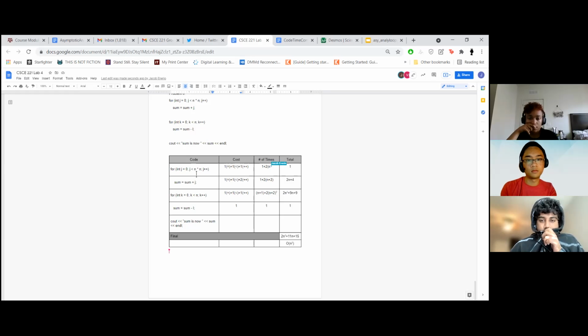Where are you getting the 2 before the n to the n? Because we're doing this and this. Oh, yeah, okay, sounds good. And so in here, we are doing this again. Actually, wait. I think it just wants the complexity of the code. Okay, that's fine. We don't actually have to solve for it. So this would just be n to the n times.